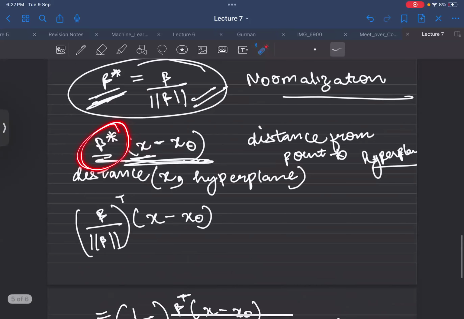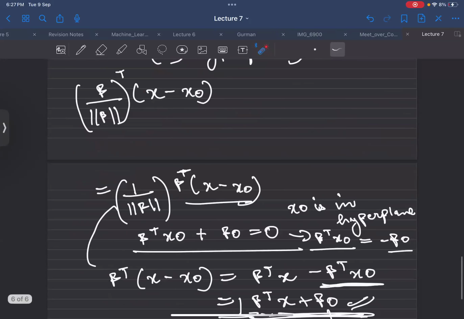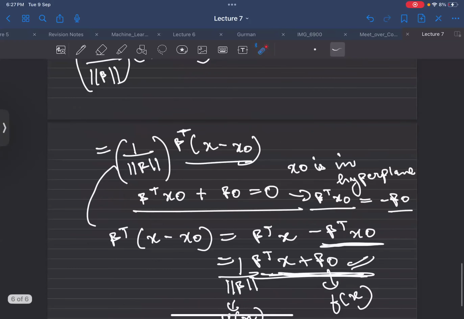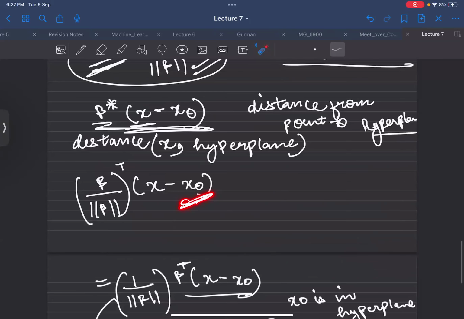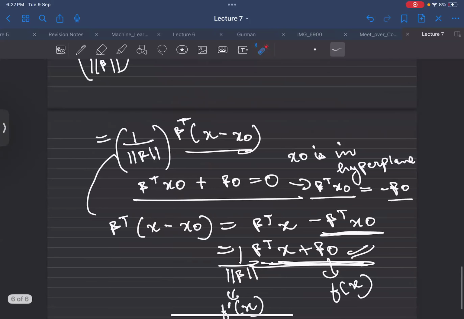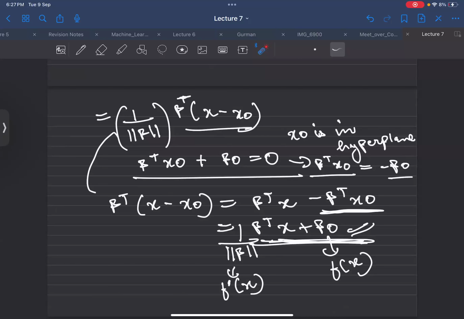Then I replace this beta star with this term and open the brackets. And one more thing, I know that x0 is on the hyperplane, so beta transpose x0 plus beta naught, that is f(x0), will be 0 because it is on the hyperplane. So beta transpose x0 is equal to minus beta naught.